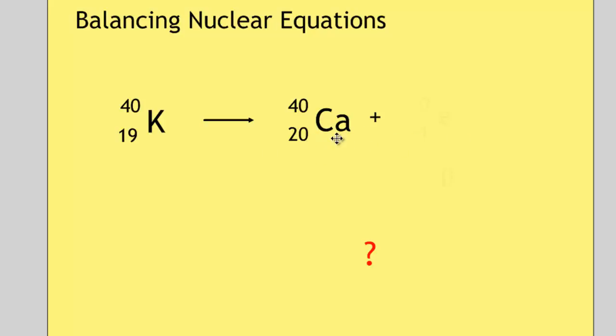If I already have 20, the only way to get to 19 is to throw in a negative 1. I already have a 40 here and a 40 there, so I don't need anything there; that's a 0. And what has a negative 1 charge and a mass of 0? That's our good friend the electron, or conversely, you could call it a beta particle. Either way would be fine. So that's beta decay, relatively simple.